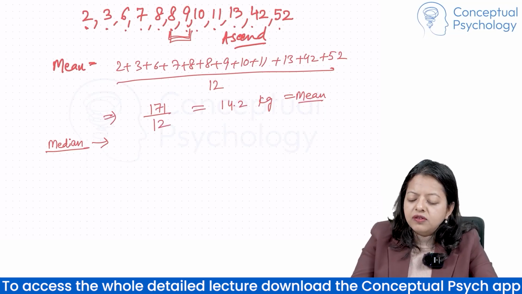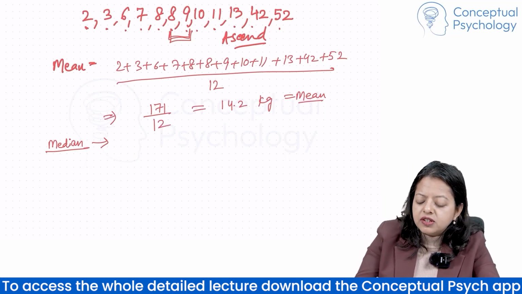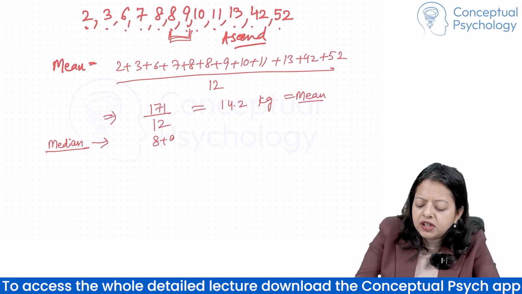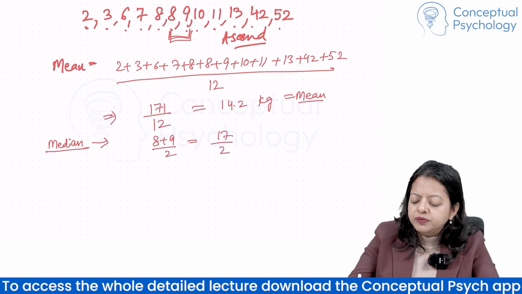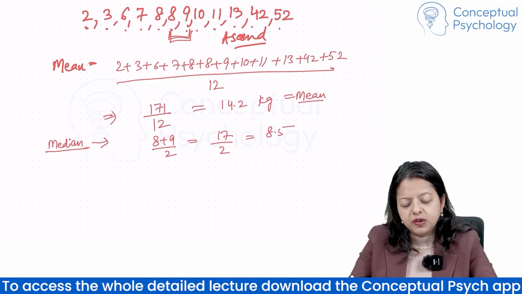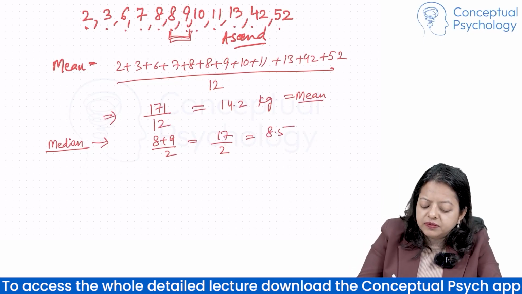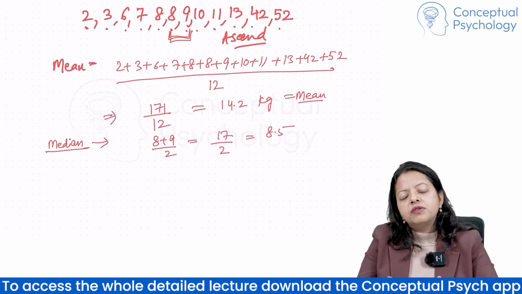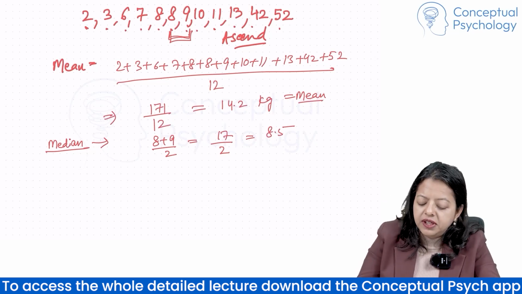So when you have an even number of observations, you take the average of the middle two observations. 17 by 2. So 8.5 is the median. Median is the middle value when the observations are arranged in order.